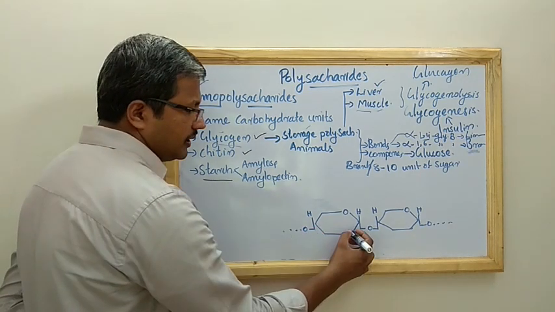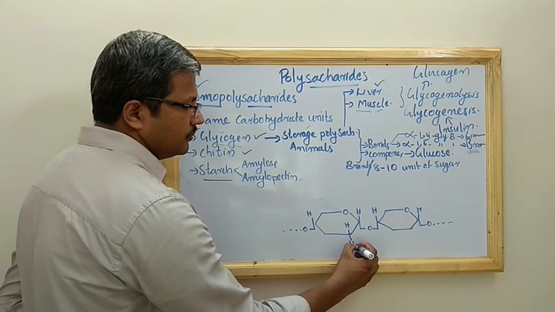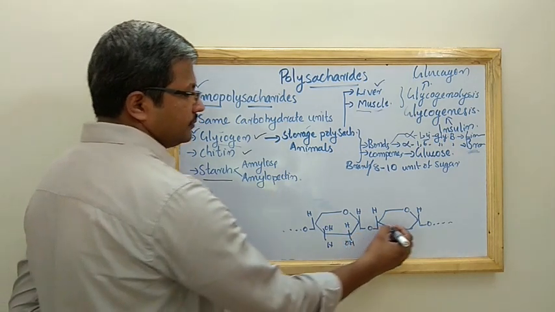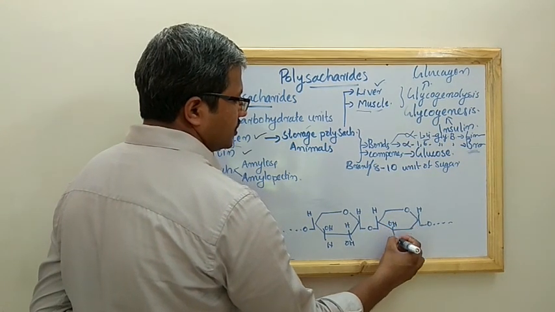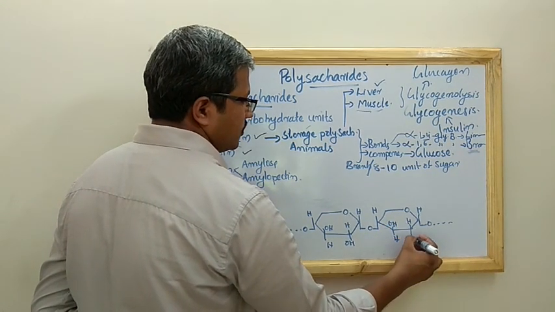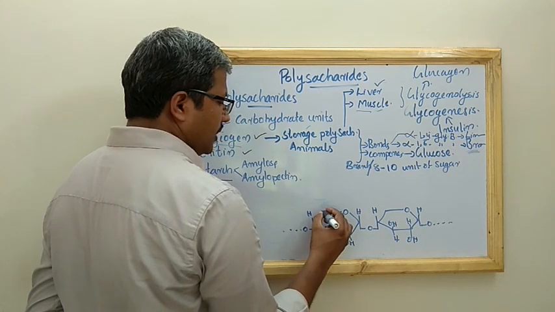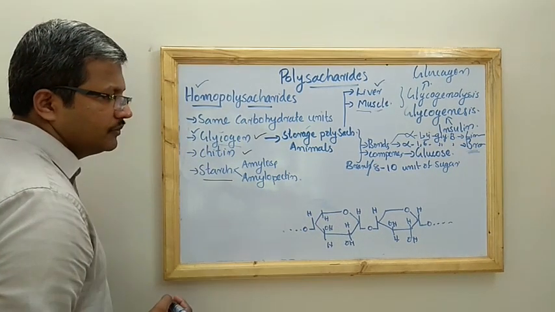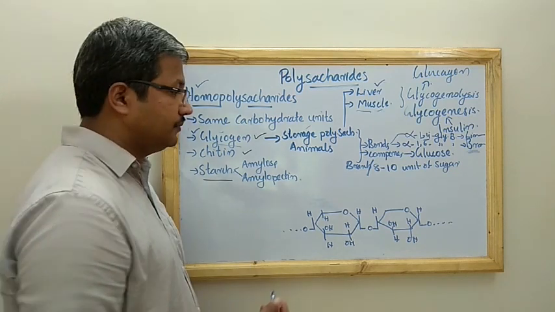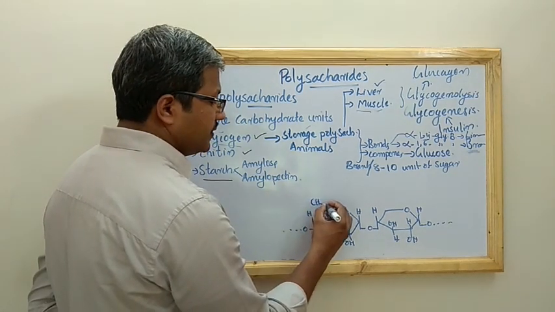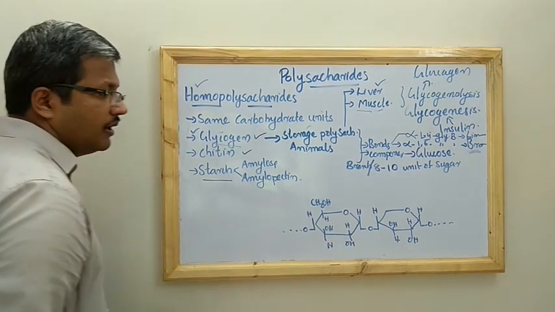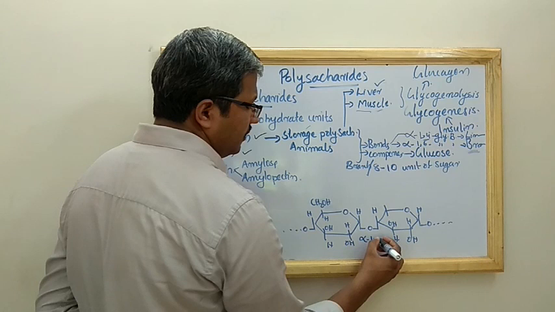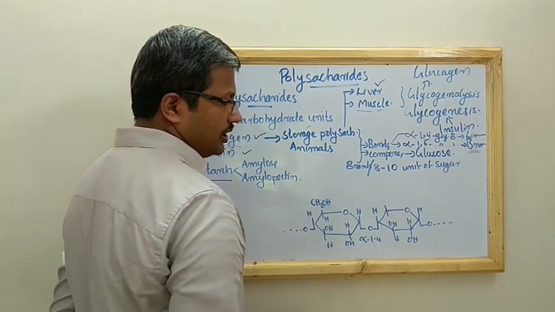I'm putting a dot, and then H, OH, OH, H, OH, H, H, OH, and there is H. I'm just writing CH2OH here, and marking this one as the alpha 1,4 linkage glycosidic bond.